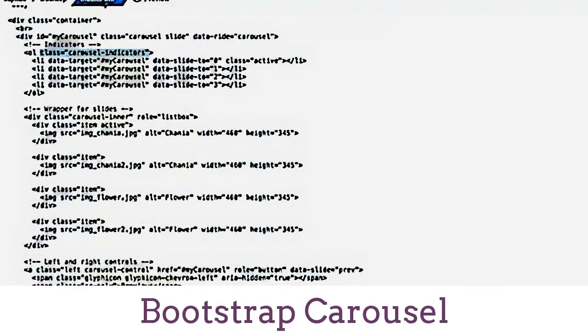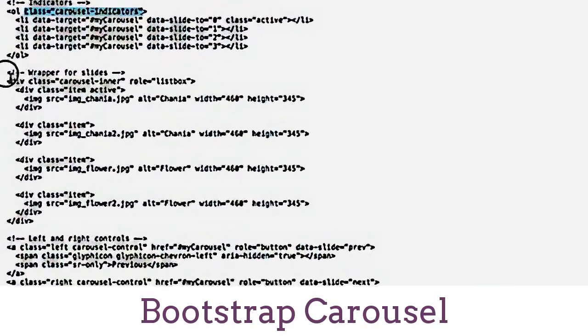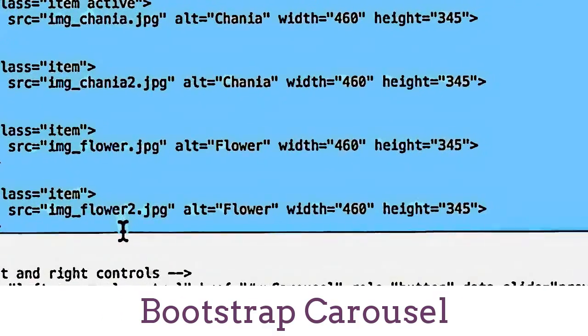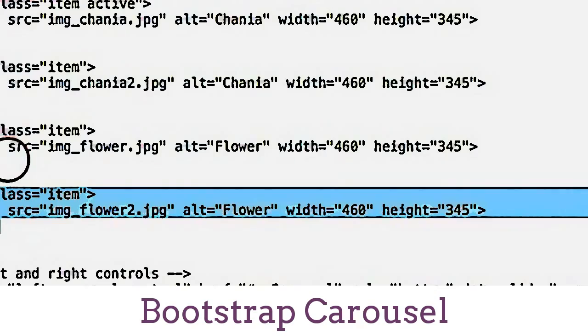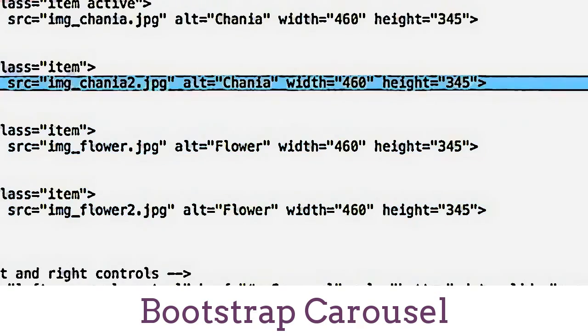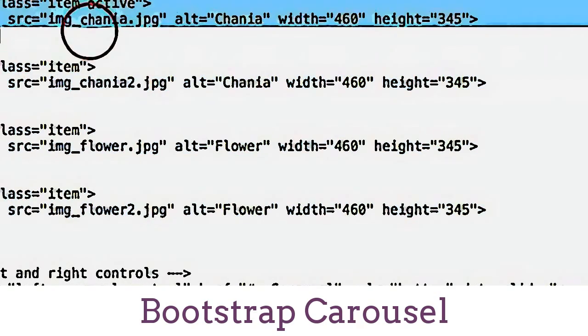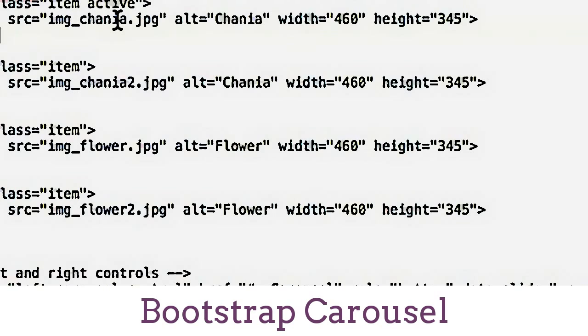Okay, so let's go to the wrapper for slides. Here we go. In this section, we basically created four inner divs that contain an item, and those items are our images, or my images in this example. So you can see that every image is inside a div.